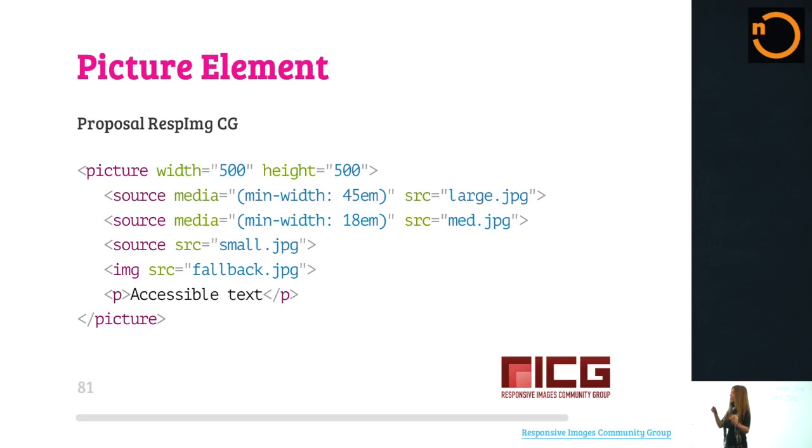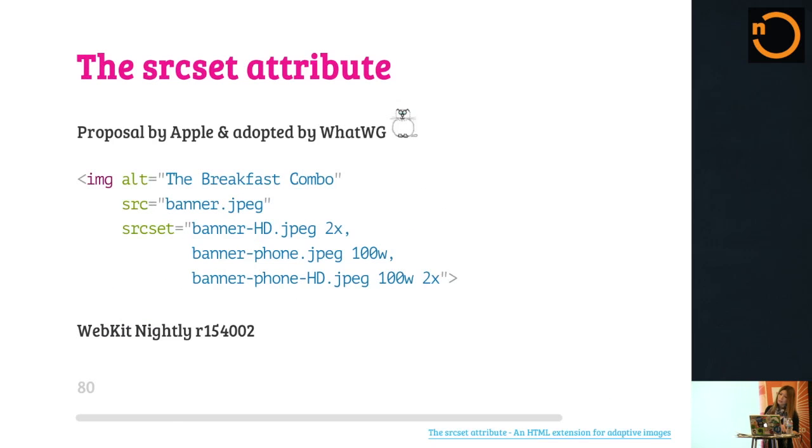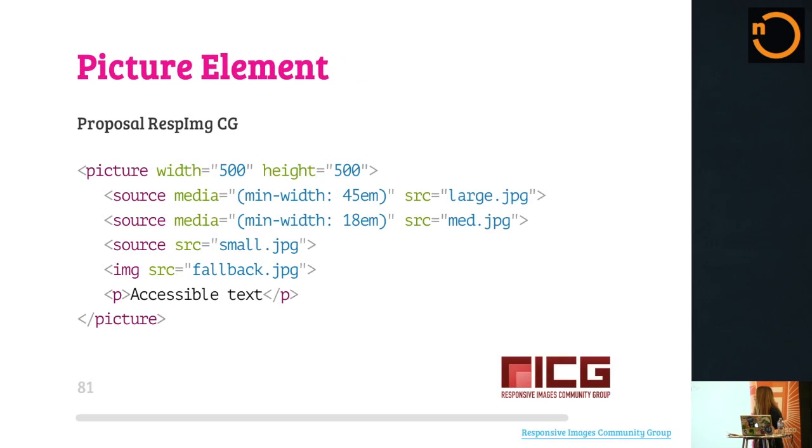Instead of using just image, we just don't want to bother with the stuff we already have, so just a whole new picture element here. So this looks totally different from the image using attributes. It has more like nested tags because the whole idea, this markup pattern, is adapted from video and audio.